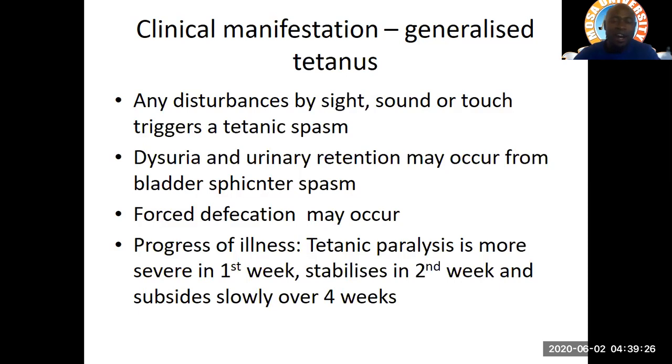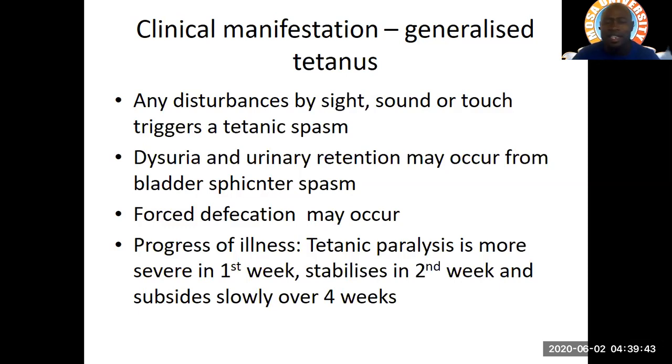So we always avoid light. Sometimes we also avoid loud-pitched sound because those become triggers to the spasm. So if we've made a diagnosis and we know this is tetanus, we ensure that these babies stay in an enclosed room where there's no noise and no bright light.